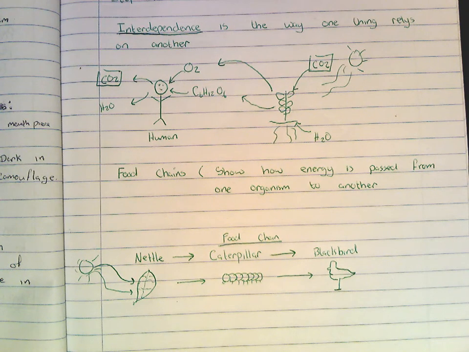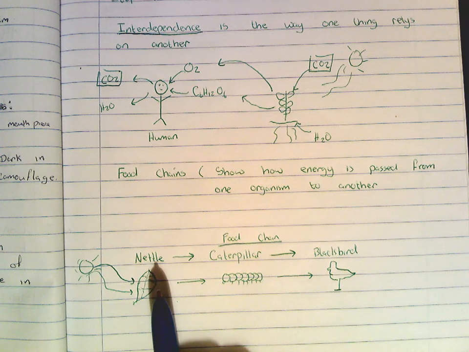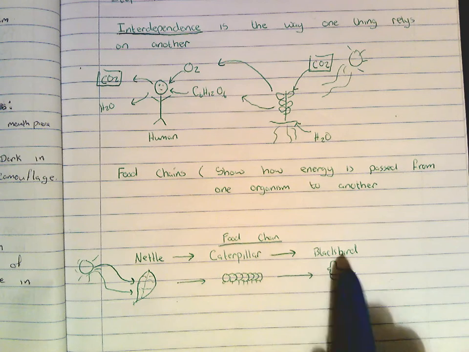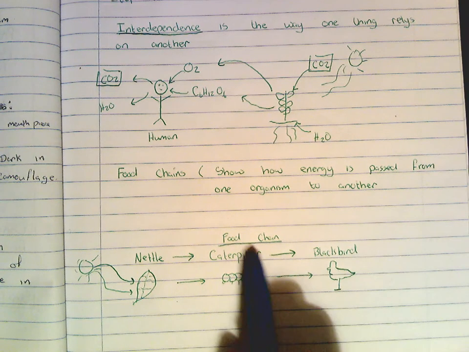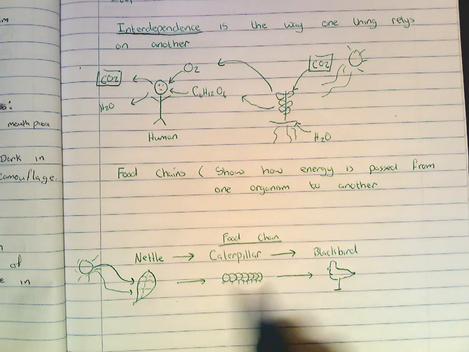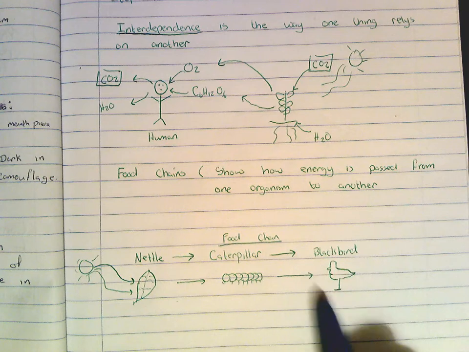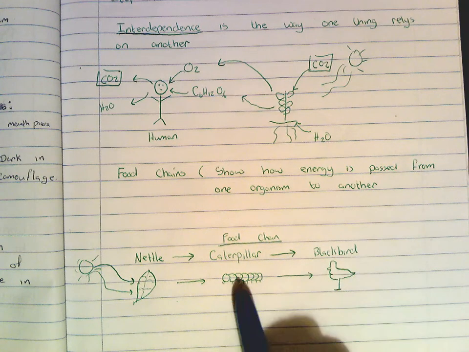So overall, the control of the population of a particular group of organisms is dependent on another population of organisms. What do we mean by that? If we want to think about the population of blackbirds, for example, that's very much linked in with the population of caterpillars. If you reduce the population of caterpillars, you're going to reduce the population of blackbirds as well, because they're their food source.